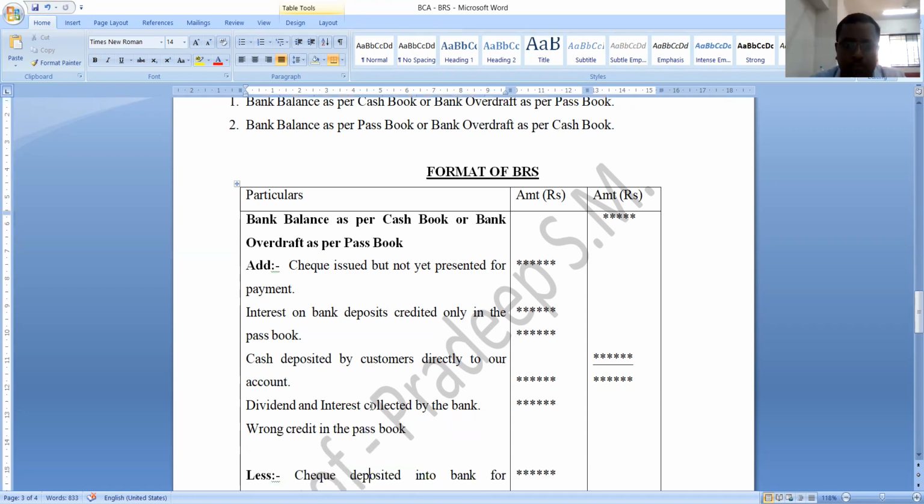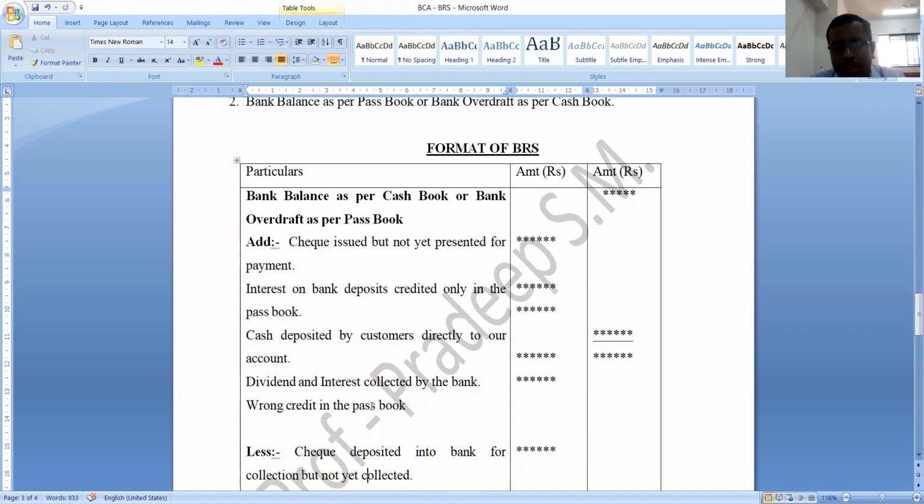This is the format of a bank reconciliation statement. You will find three columns: particulars, amount and amount. This is a statement, right? They may give you the opening balance as the cash book balance or the opening balance as the passbook balance. If they give bank balance as per cash book, you need to find out bank balance as per passbook.